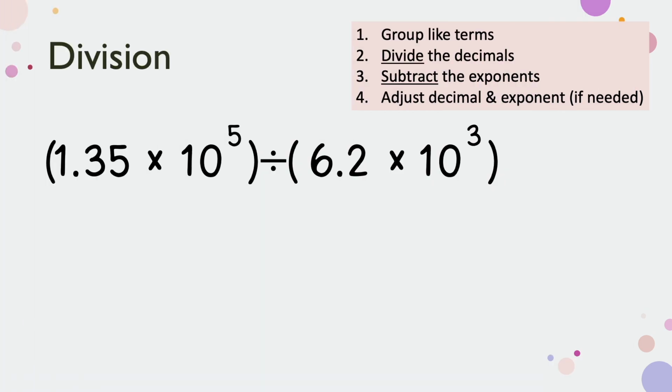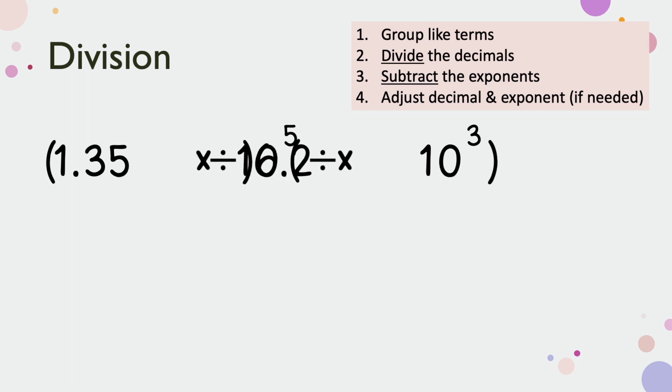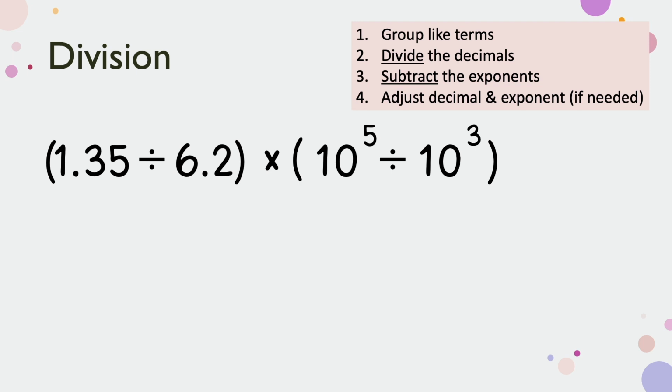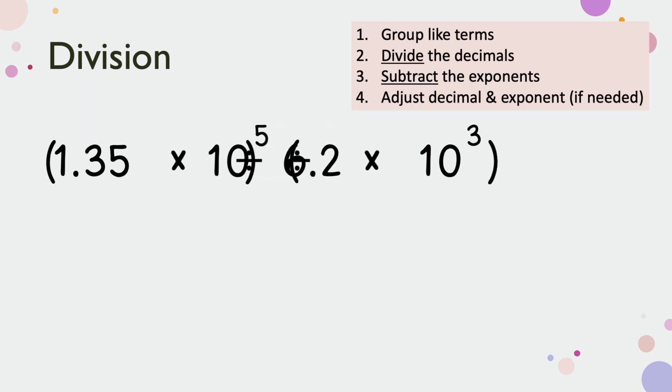For division of scientific notation, step 1 is to group like terms, but you need to be careful this time. Watch how to do this. If this is confusing, it might help to picture this math problem as a fraction. Let's start over.